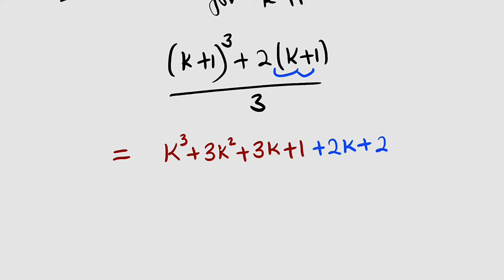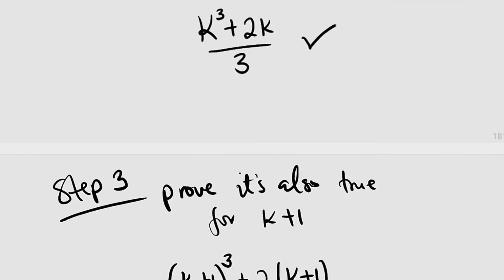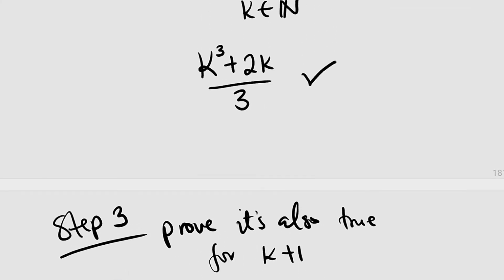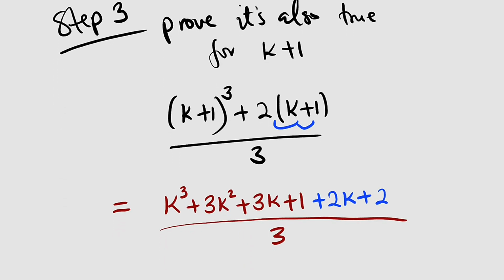We want to show that this is also divisible by 3. But observe from what we have done earlier, we have seen that k to the third power plus 2k is divisible by 3. And observe that we have such terms here, k to the third power plus 2k. So we can bring them together.